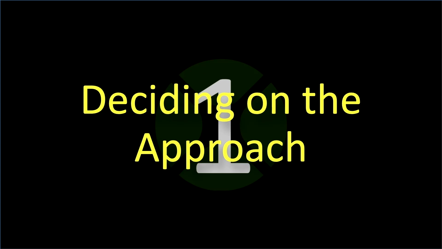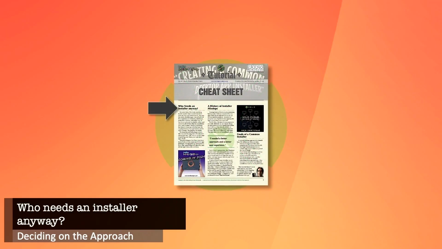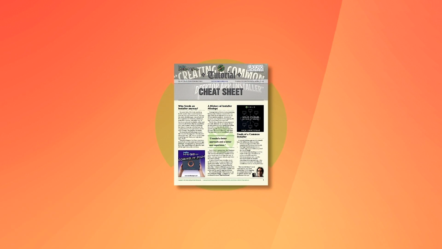So the first topic I wanted to discuss is deciding on the approach. And this is the first subheading in the newspaper. When I was working in Windows years and years back, installation was pretty standard.